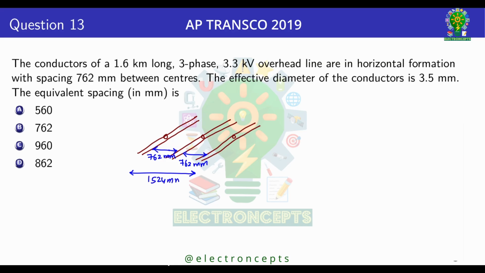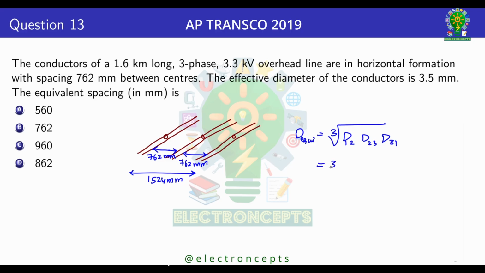For a three-phase transmission line, equivalent spacing D equivalent is given by the cube root of D12, D23, D31, where D12 represents the distance between the first and second conductor, D23 represents the distance between the second and third conductor, and similarly D31 represents the distance between the third and first conductor.